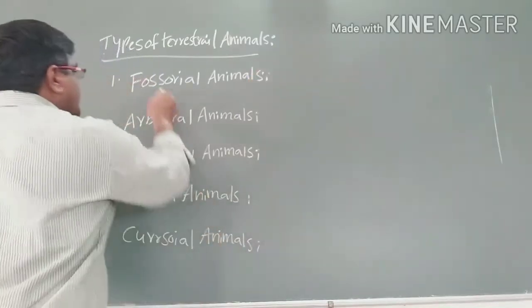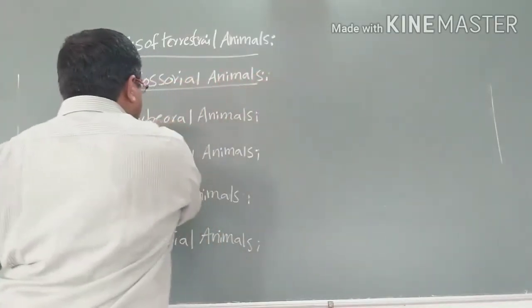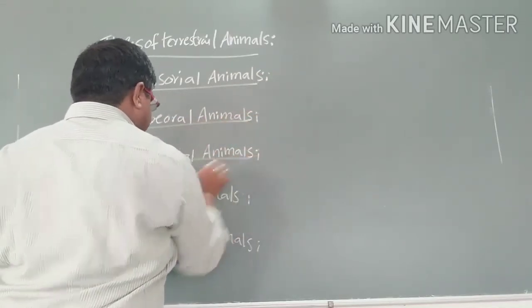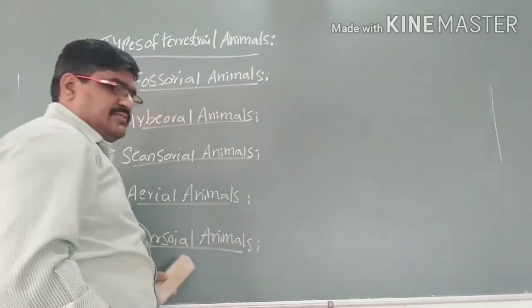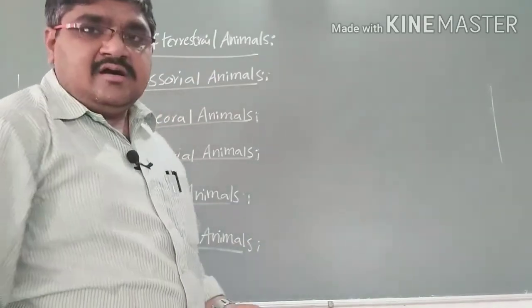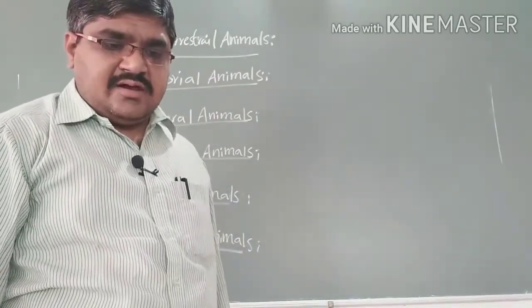Here are the 5 types of animals that are presented. The first one is the fossorial animals.